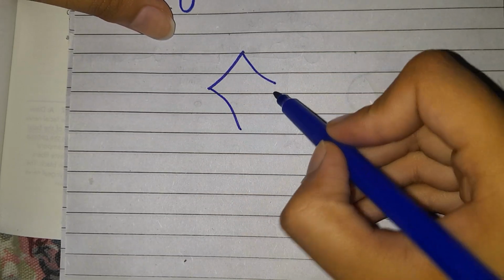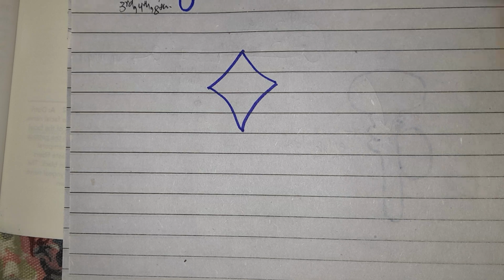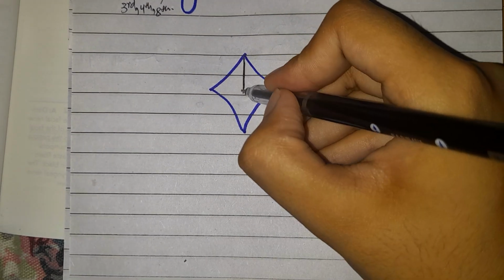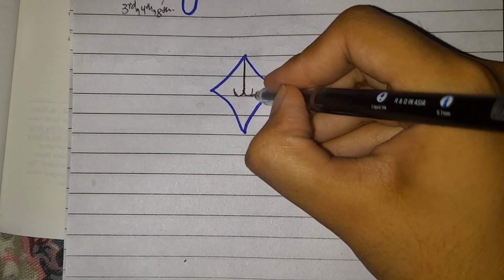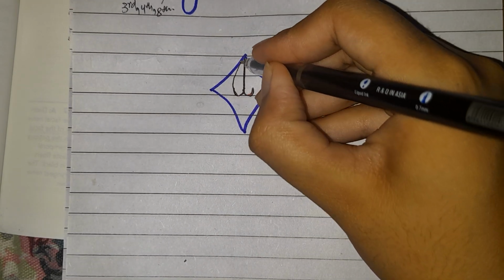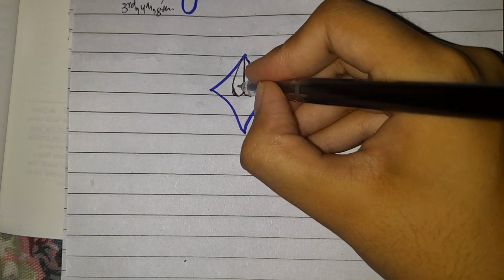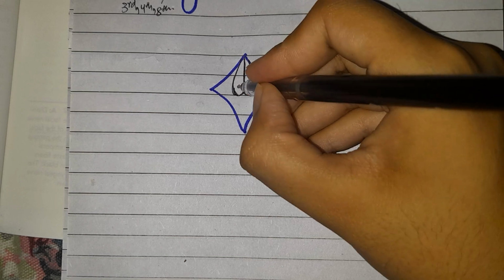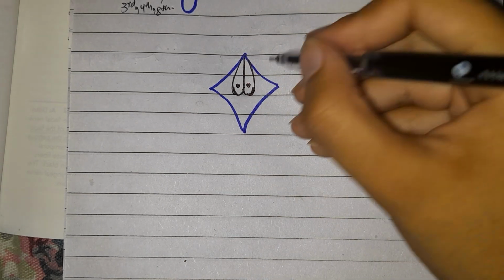Whenever I draw the pons, first of all I make this junction which is actually showing the floor of the fourth ventricle, and you know the floor of the fourth ventricle has this medial eminence. On both sides we have the facial colliculus, which are protrusions or swellings formed due to the facial nerve that is coiling around the abducens nucleus.